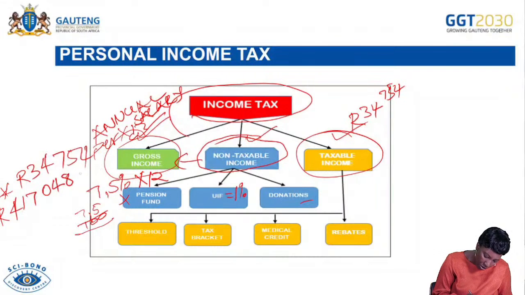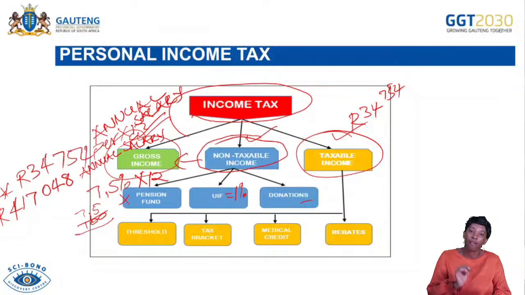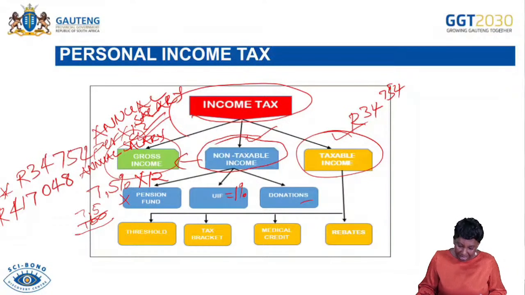Now this amount, it will be my annual salary. Meaning I've multiplied it by 12. Then I can simply say, okay, fine. What is 7.5%? I will multiply this annual salary by 7.5%. Then I divide it by 100.